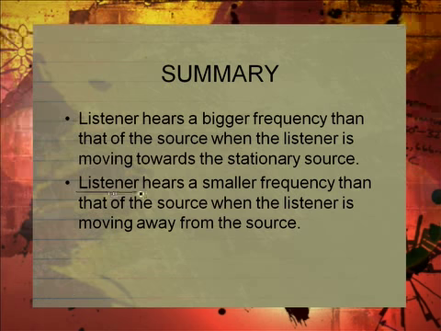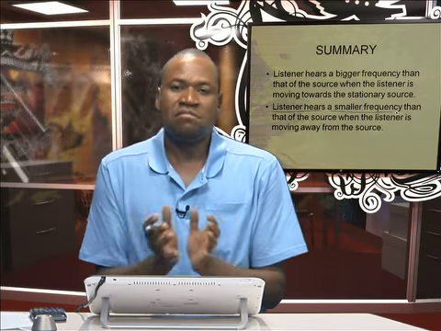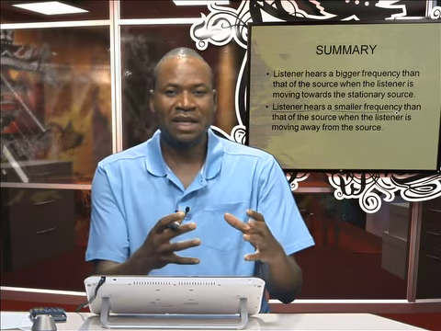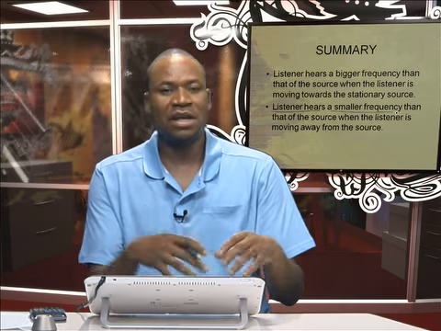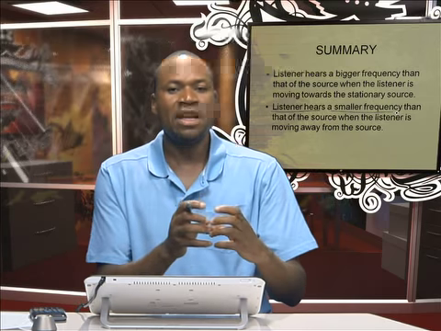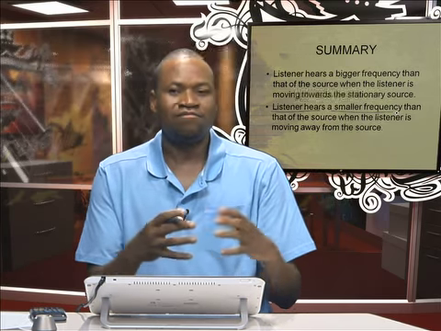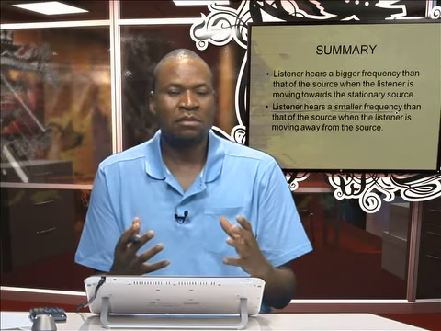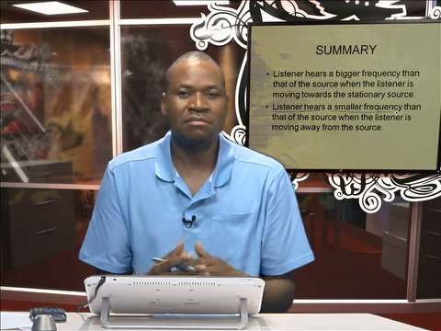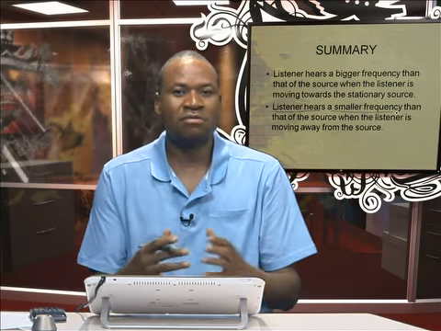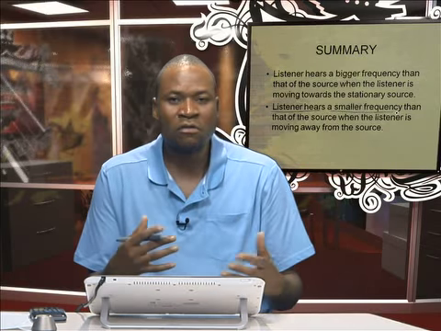Now, the listener hears a smaller frequency than that of the source when the listener is moving away from the source. The same example can be given. There is a police car, stationary, siren on, and maybe the police were after some thugs and they are now running away, and on foot they stop the car and want to chase them.